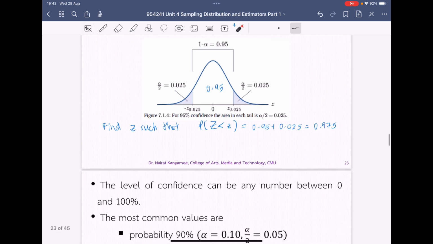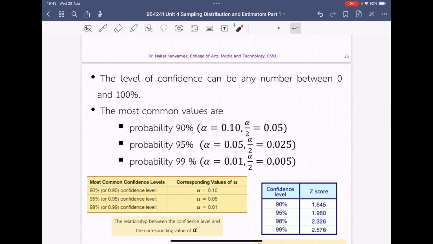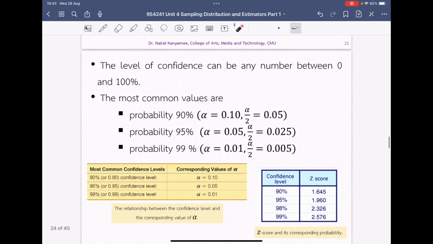And let's see the common values of the level of confidence, or confidence level. The level of confidence can be any number between 0 and 100%. The most common values are 90, 95, and 99. If it is 90, then alpha is 0.1. Alpha over 2 is going to be 0.05. 95%, we talked about that. 99, then what is left off is going to be 0.01.